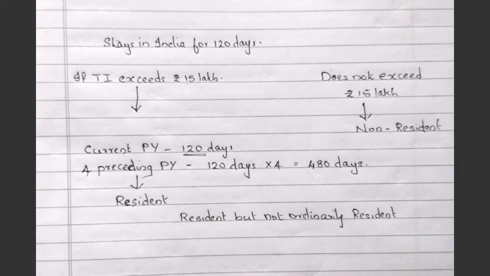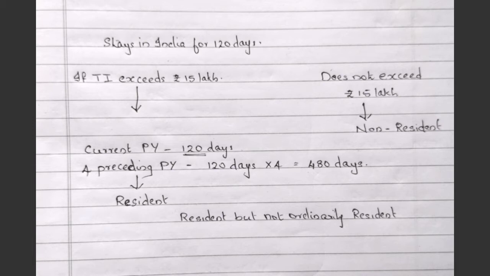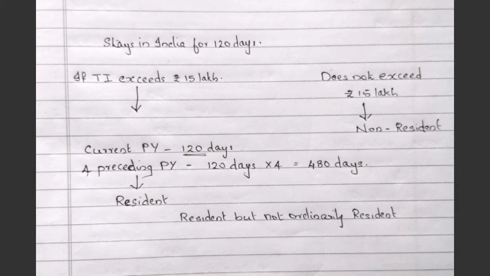Since he stays only for 120 days, the first condition does not apply. So, the second condition: he must stay in India for 120 days or more. Yes, he stays in India for 120 days. And now we have to look at whether he stays in India for 365 days or more during the 4 preceding previous years. Since he stays 120 days for the past 10 financial years also, the total days he stays for the 4 preceding previous years will be 120 into 4, which is 480 days, which is of course more than 365 days. So he is a resident.